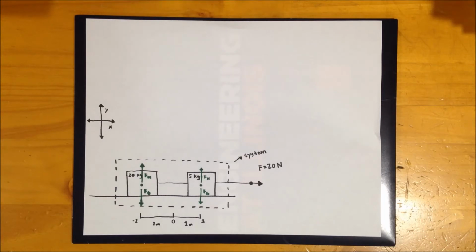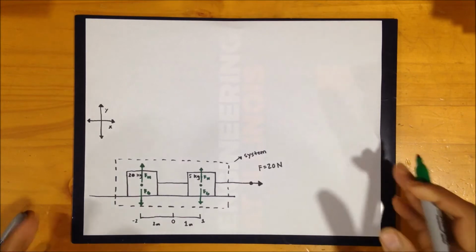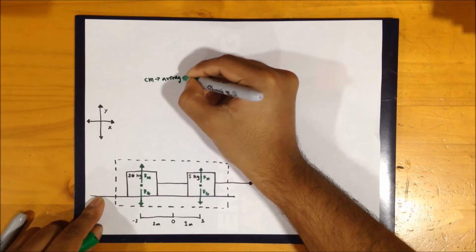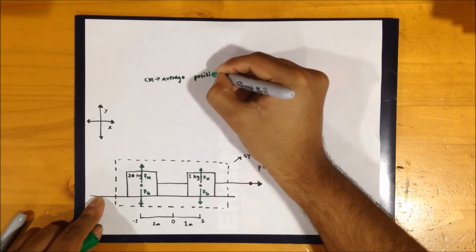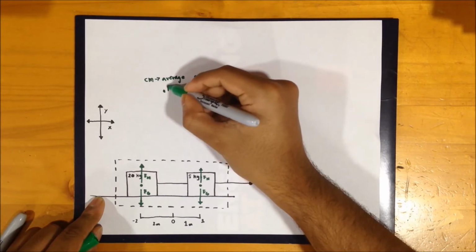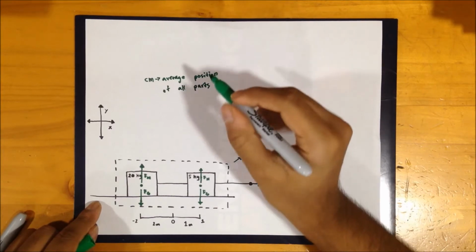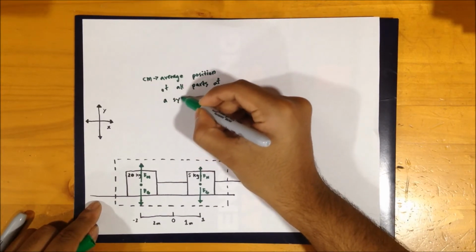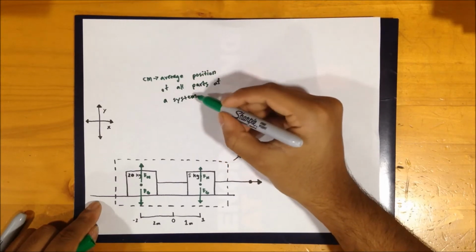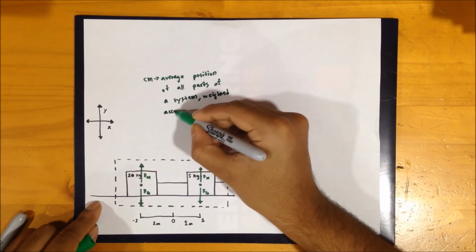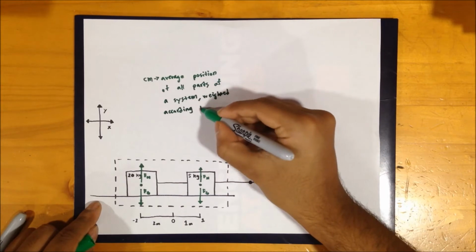So the first thing we want to do is figure out the center of mass. Now, we know that the center of mass, as previously stated, is the average position of all parts of a system weighted according to mass.